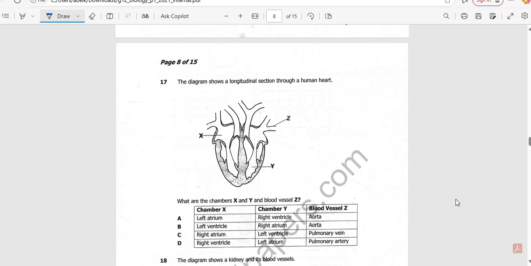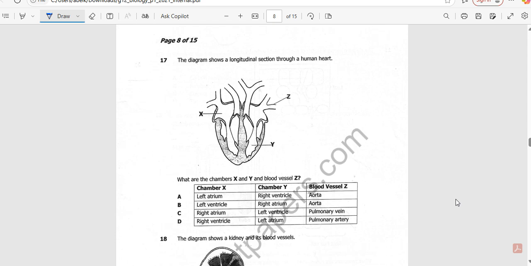The diagram shows a longitudinal section through a human heart. So the human heart, we are saying the opposite here. So this is the right, then this is the left of the heart. So these are ventricles.